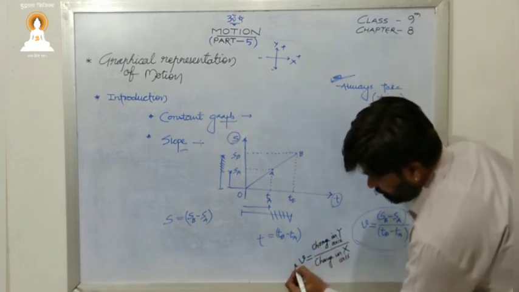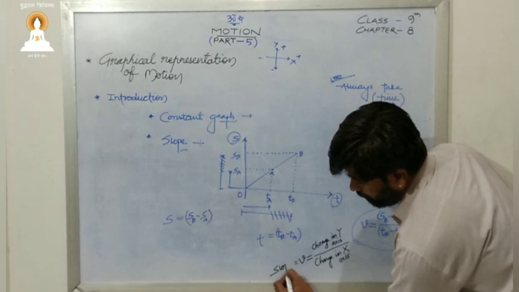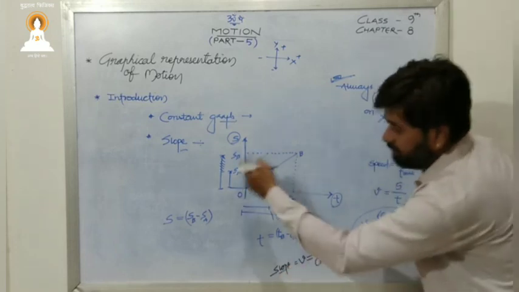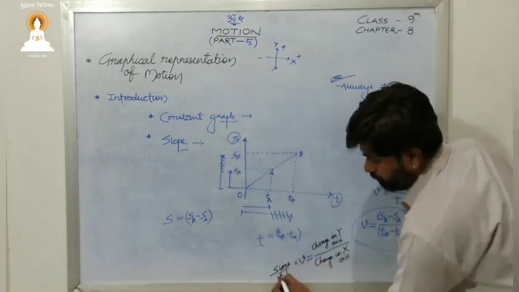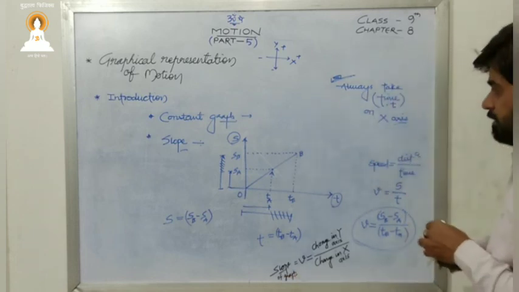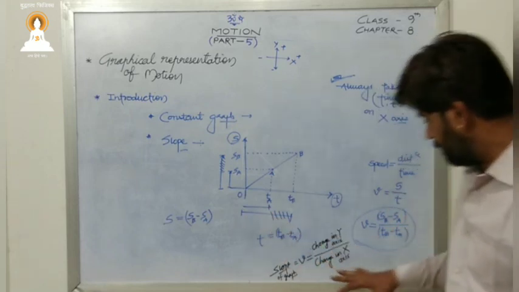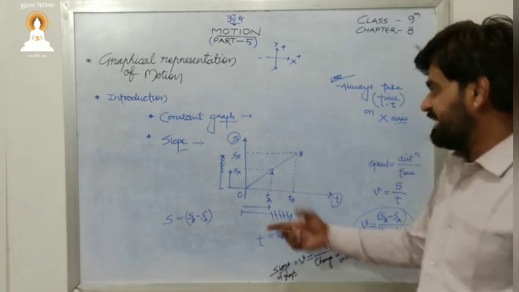And change in y-axis upon change in x-axis, we used to call the slope of that graph. Slope of graph. This is just for the sake of your knowledge. We will see it again.